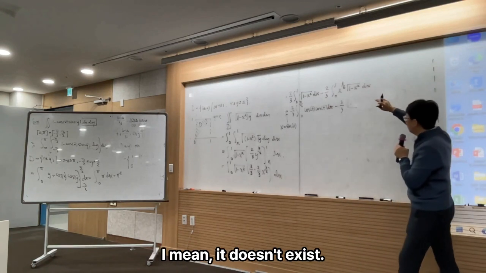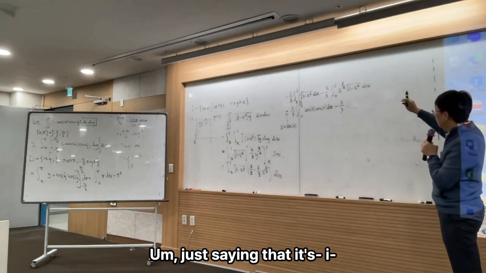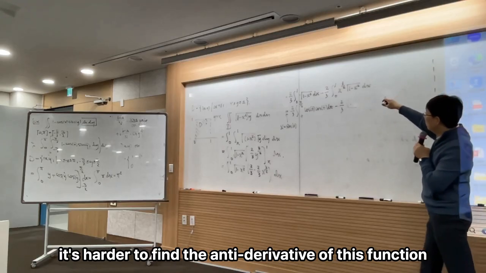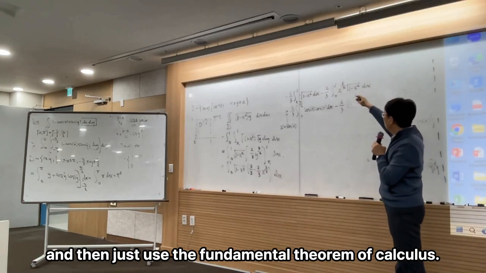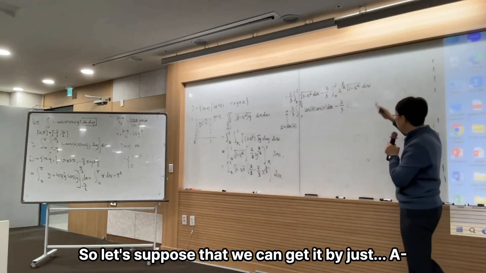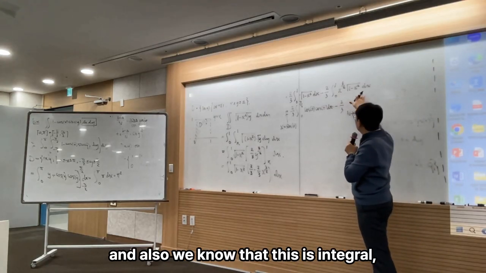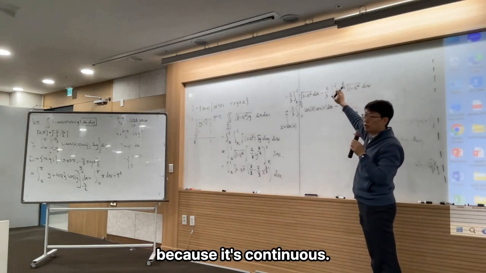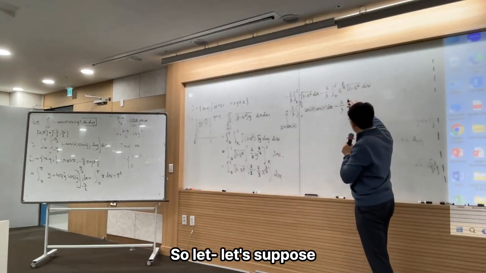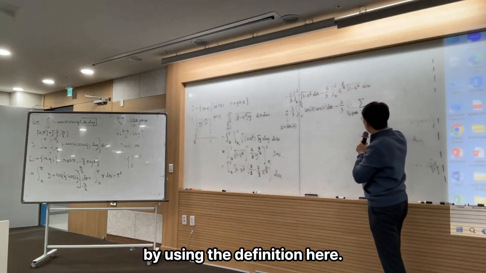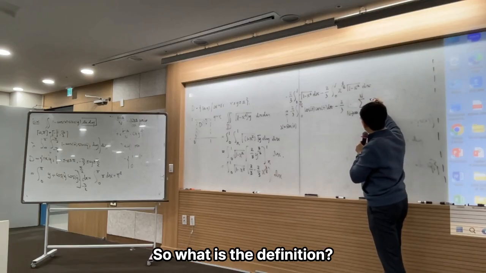I'm not saying that it doesn't exist. Just saying that it's harder to find the antiderivative of this function and then just use the fundamental theorem of calculus. So let's suppose that we can get it, and also we know that this function is integrable because it's continuous. So let's suppose that we just found this value, the definite integral, by using the definition here. So what is the definition?